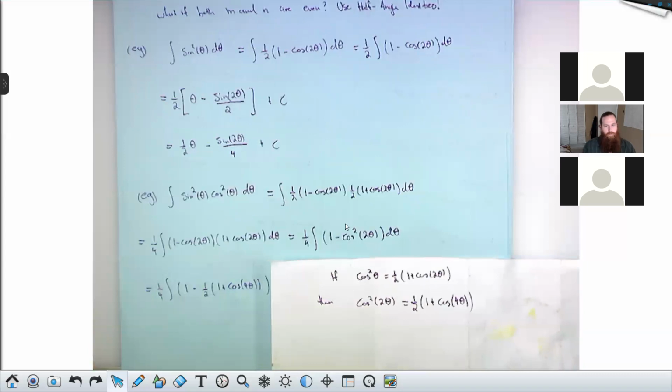All right. Cos squared of 2 theta is 1/2 times 1 plus cos 4 theta. I'm taking this guy and I'm replacing theta by 2 theta everywhere. So here I get cos squared of 2 theta instead of cos squared of theta. And over here I end up with cos of 4 theta instead of cos of 2 theta.